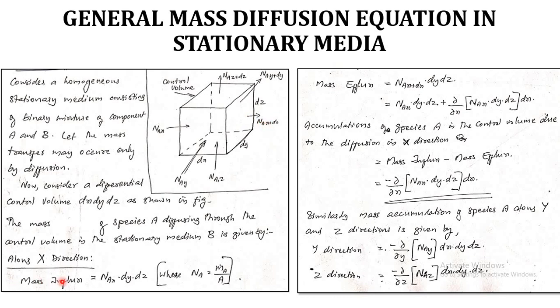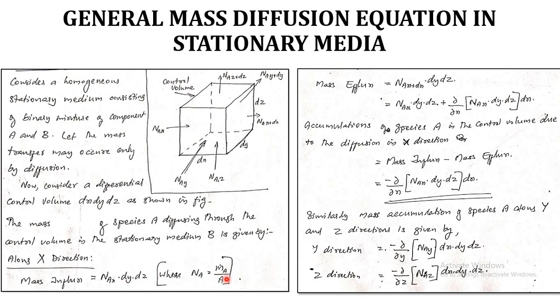So mass influx is equal to NaX into the area across the diffusion, that is dy dz. This is the area across the diffusion process. So here NaX is mass flux, mass flow rate per unit area.